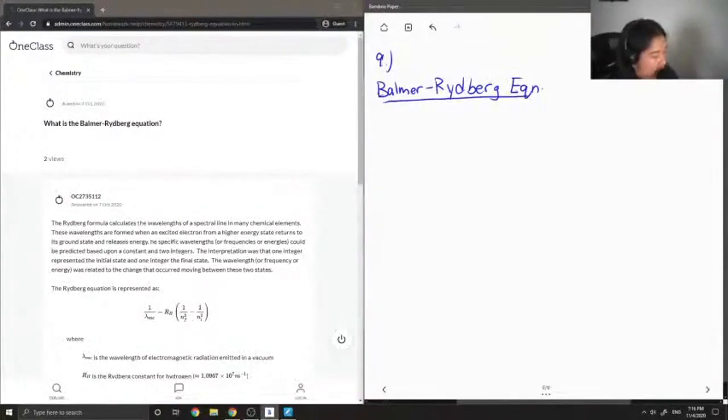Okay, so I'm just going to write it out down here. I'm going to write RH to show that this is the Rydberg constant. Then I'll explain what these variables mean as well.